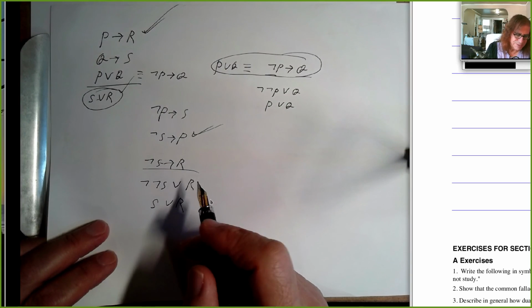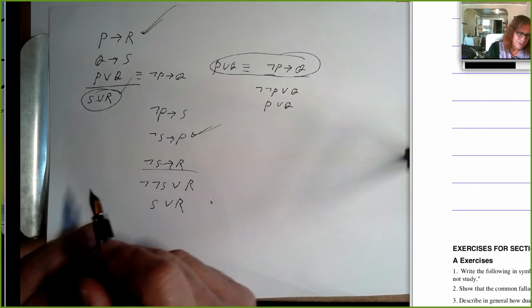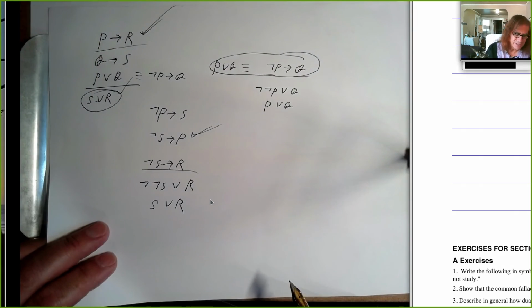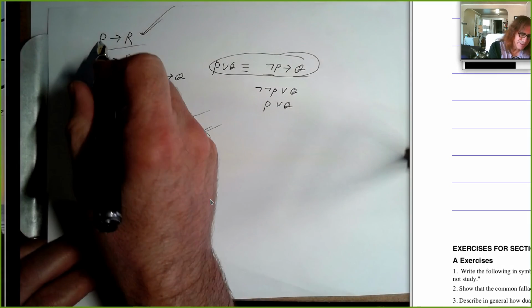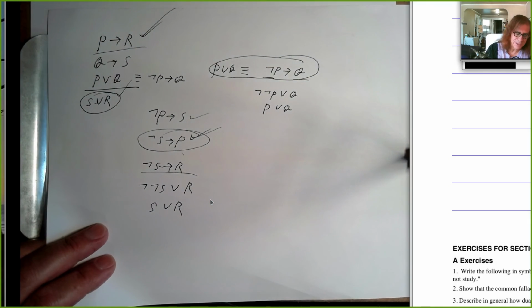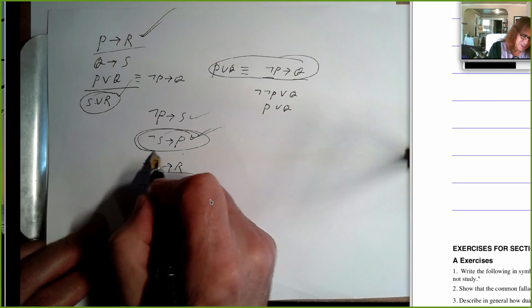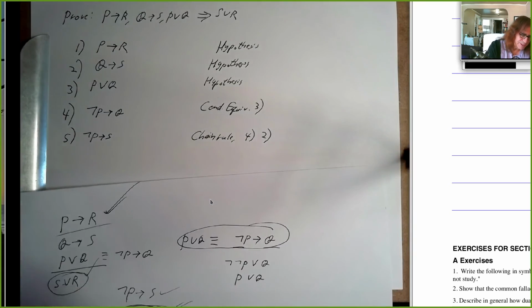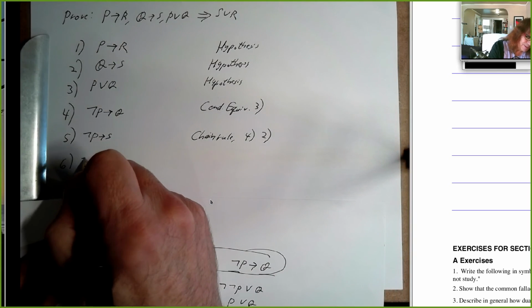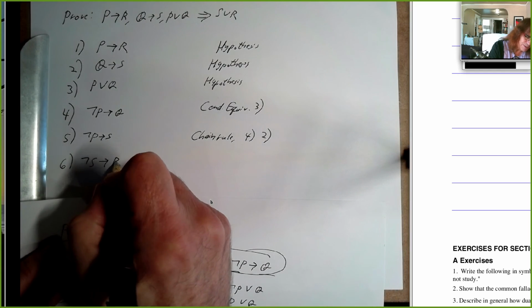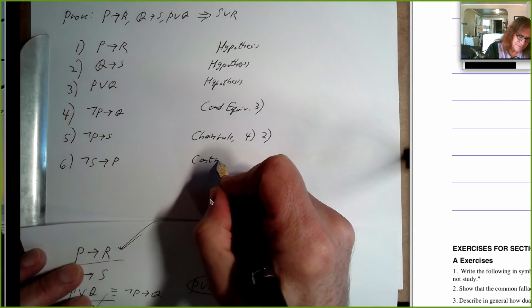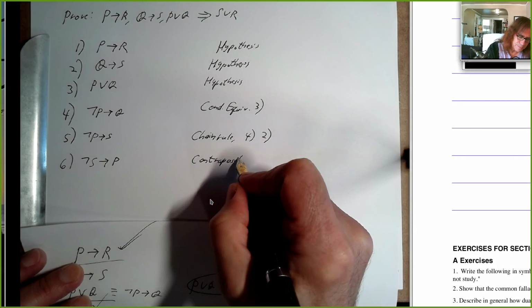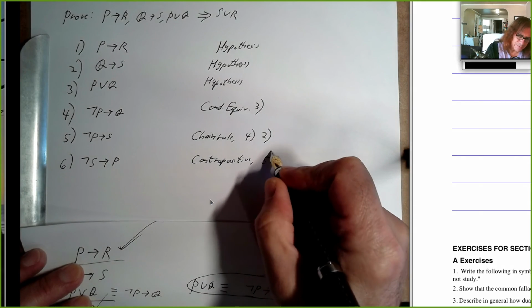And then we said that we wanted to somehow combine something with this. And we had the idea if we took the contrapositive of this, we would end up with this, and that would go together nicely with the chain rule with that first statement. So we want to put this as part of our proof. So that's going to be our next statement. Not S implies P. Why can we do that? Contrapositive, applied to step 5.